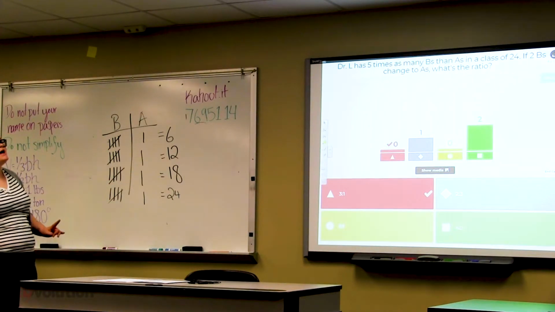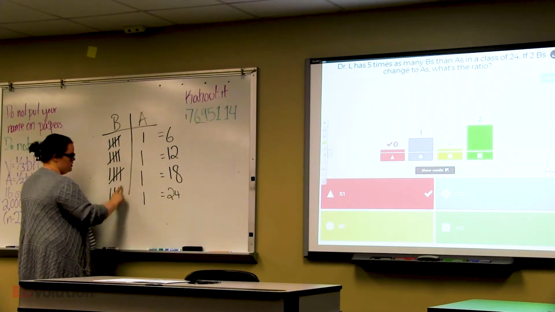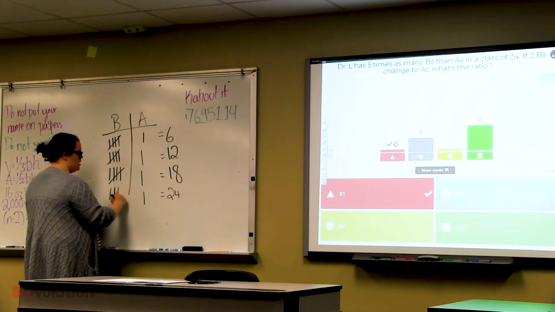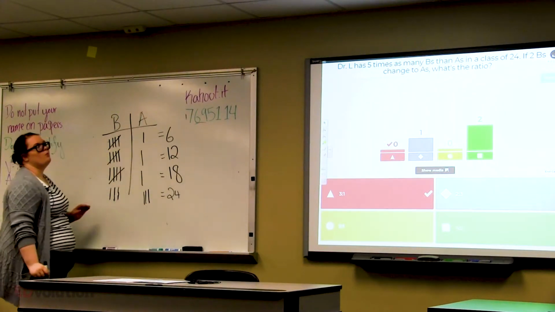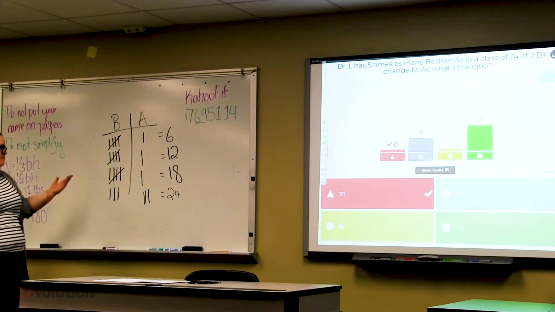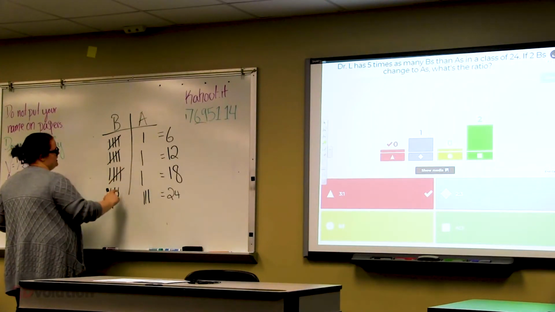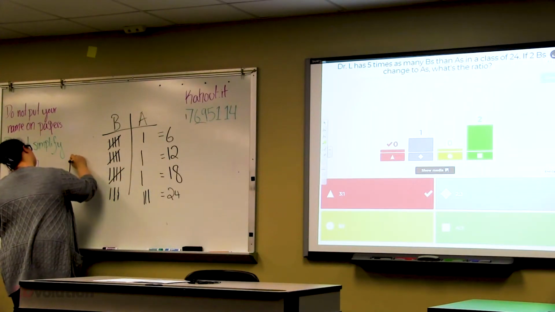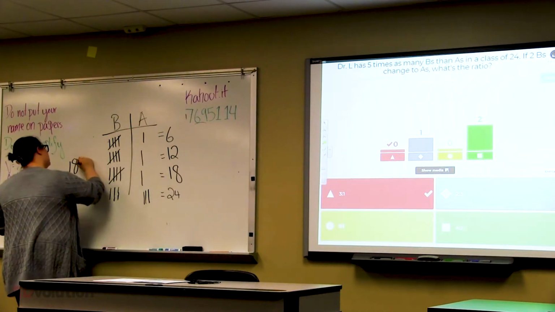Then we're asked if 2 of these B's are turned into A's, what is the ratio? So now we'll add them back up. We have 5, 10, 15, 18 to 6.